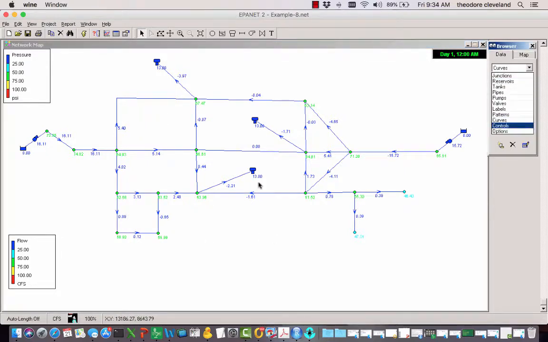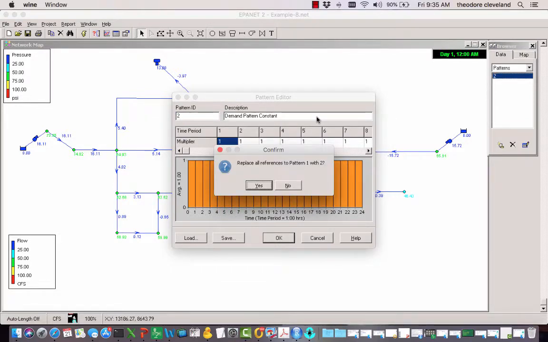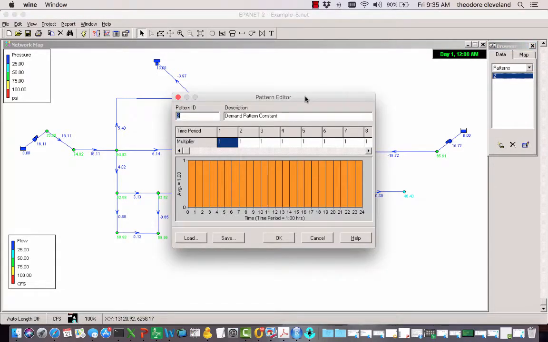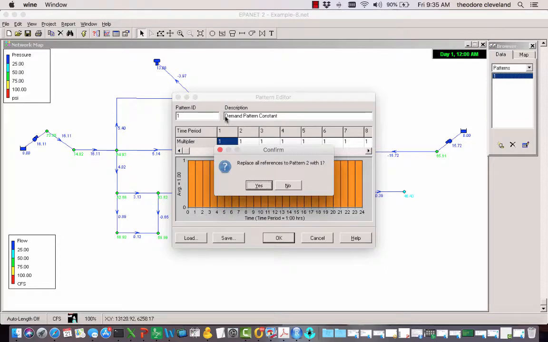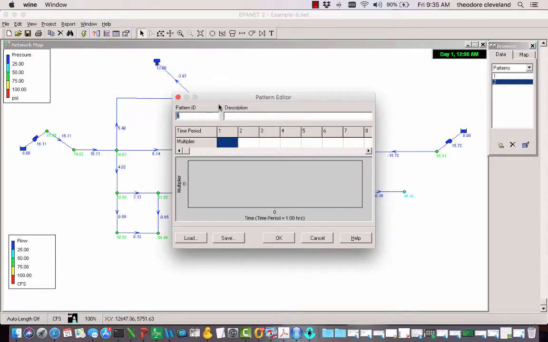And the next thing we need to do is add a new pattern. So we could go to the editor. We could rename, produce a new pattern. Choose the right button.